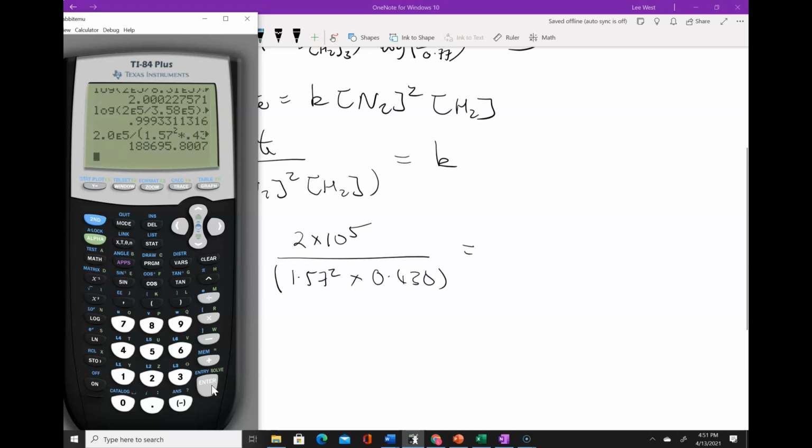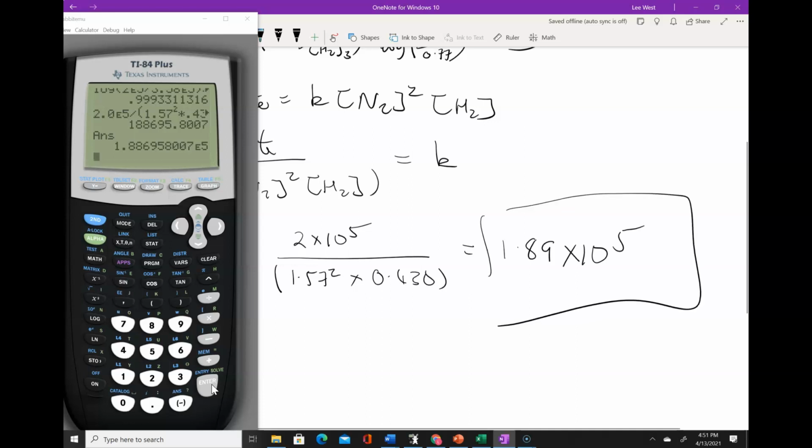There we go. And I think it could be good to have this in scientific notation. So mode, over, enter, second function quit, second function answer, enter. There we go. And to 3 significant figures, which is consistent with what our concentrations were, this would be 1.89 by 10 to the 5.